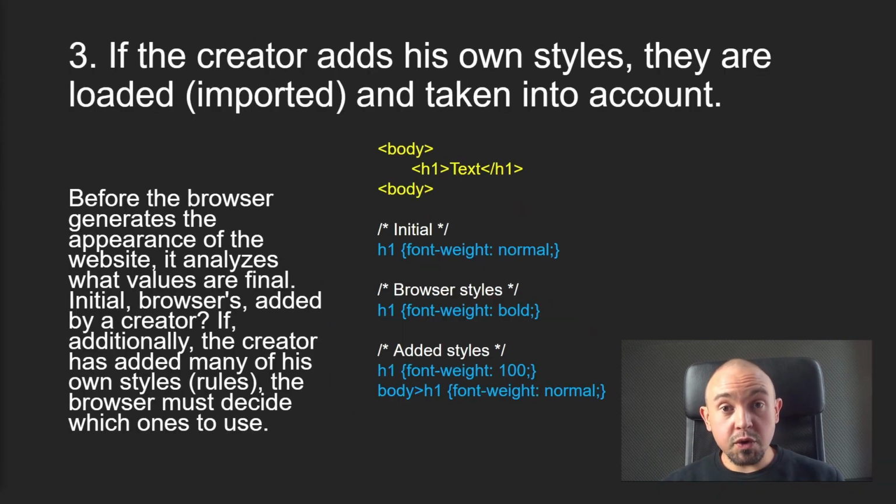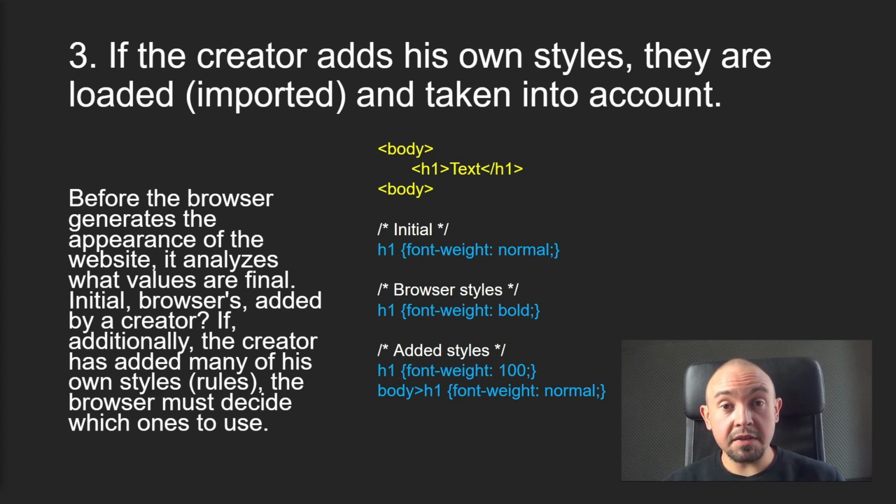The next step for the browser is to check whether the website has implemented CSS styles from its creator. If such styles have been imported to the website, the browser uses them. Moreover, according to the cascading principles, such styles are the most important and override all the other styles.